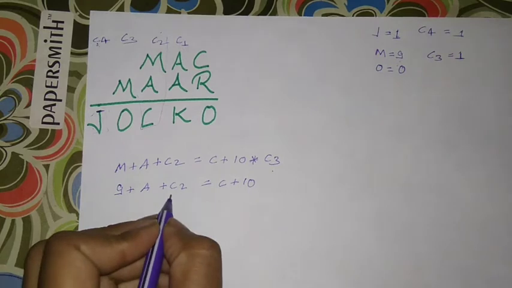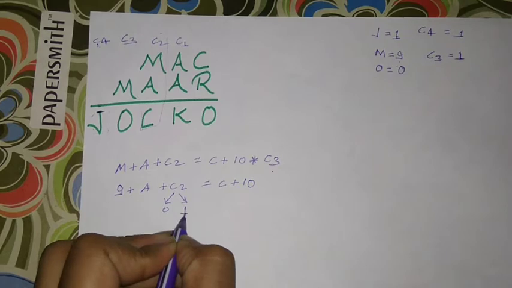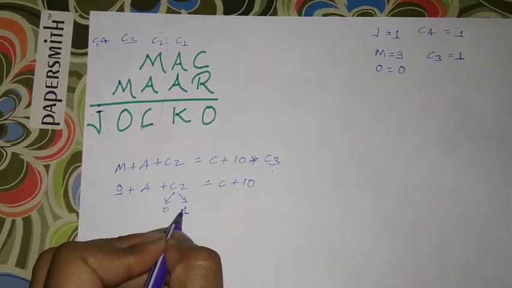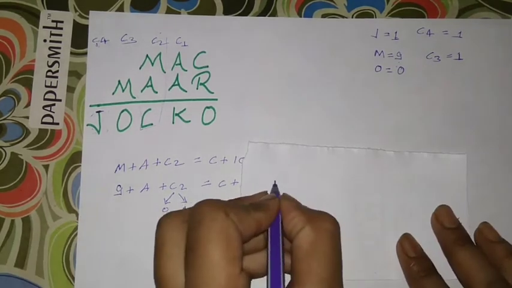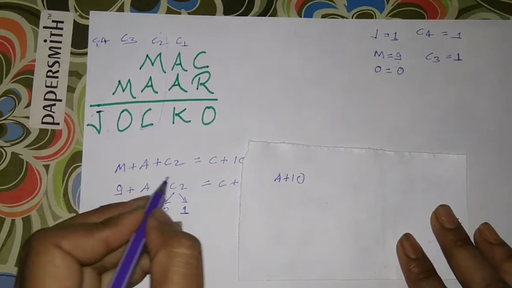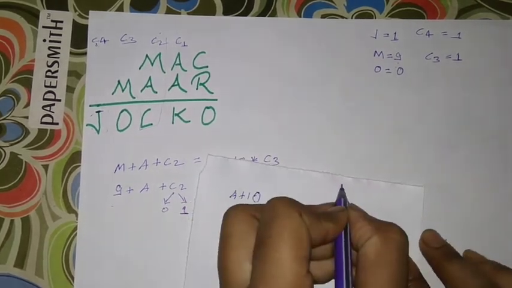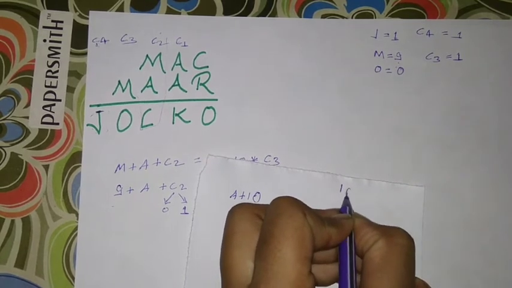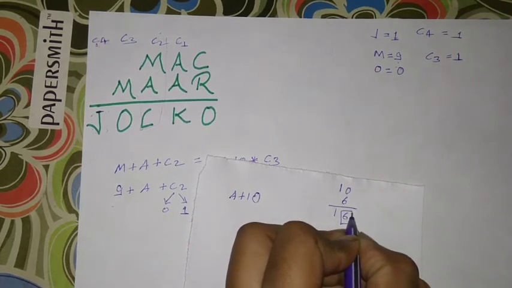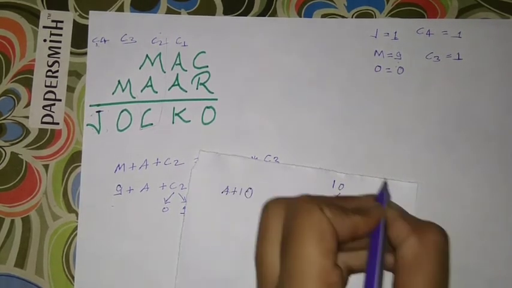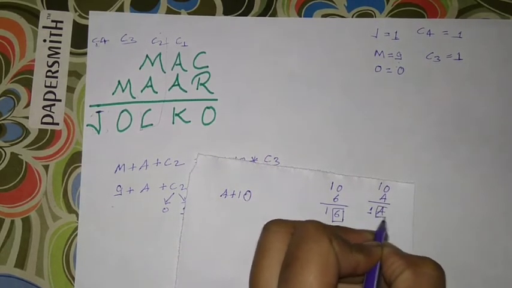We know that the possible value of C2 is 0 or 1. If we take the value of C2 as 1, then we get A plus 10 on the LHS. But you know that when we add any value to 10, we get the same value at the unit place. Means if we add A to 10, then we get the value A at the unit place.